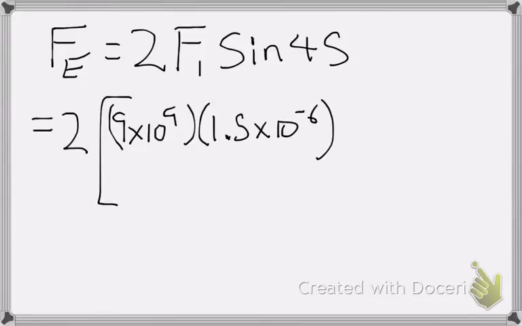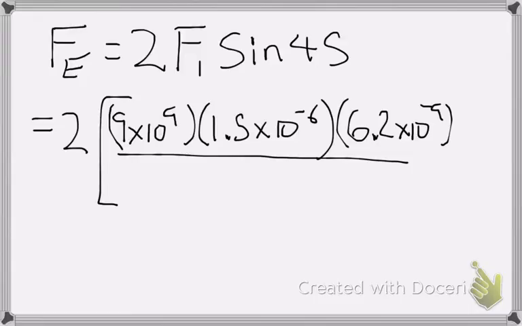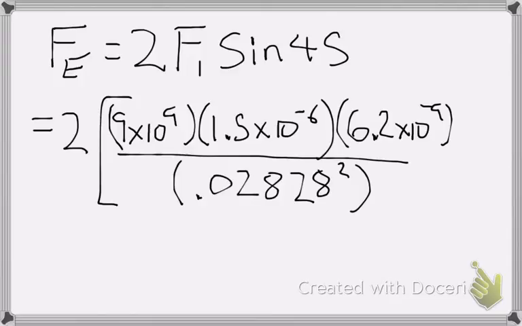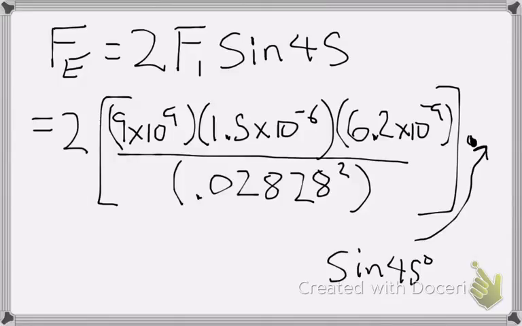So we plug in 2 times our normal calculation, where the distance between them was 2.828, which I converted to meters, and then multiply by sine of 45. All I did was plug this entire chunk in as F1, the force between the negative particle and the positive, in a straight line. And then the 2 times sine of 45 gave us the y component and doubled it. That's what we were originally trying to do.